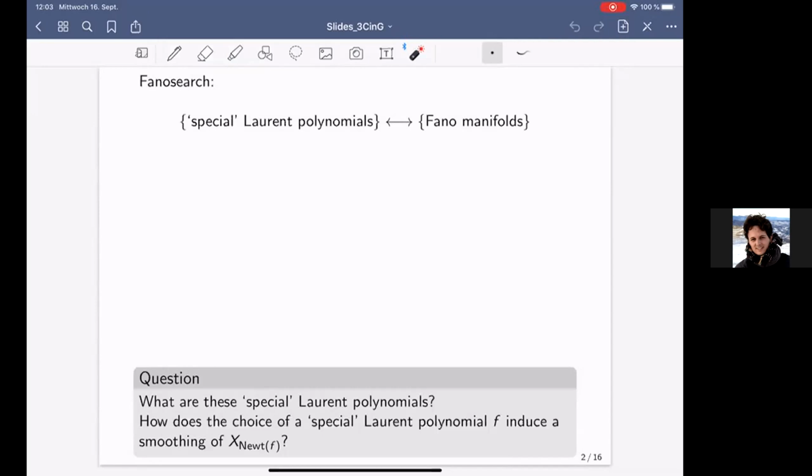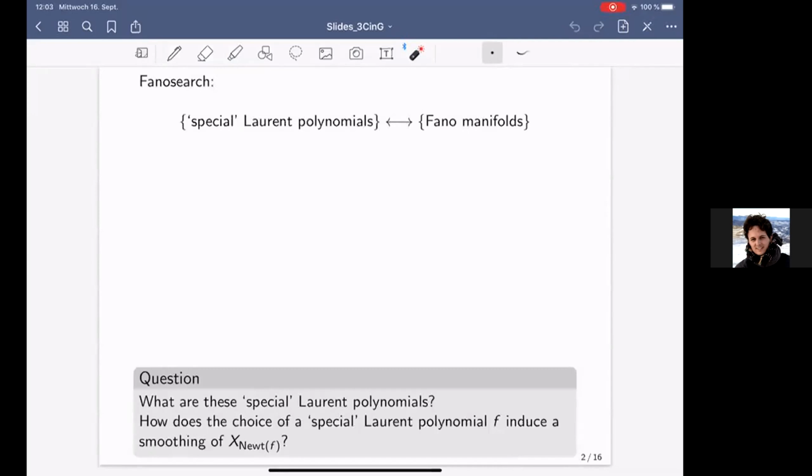So these are polynomials which are Laurent, so a linear combination of some monomials with integral exponents, and then these are special in some way. And I will try to clarify a bit better what they are.